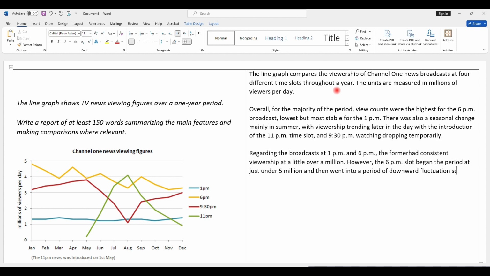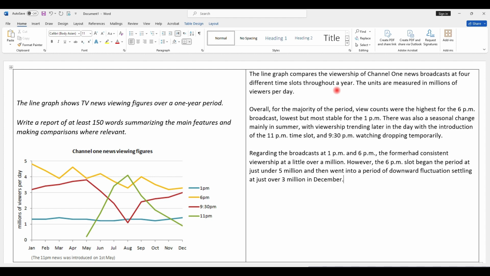Yes, we need that. Settling at just, because the trends go down and stay at a lower level at the end, so we can use the word settle here. Settling at just over 3 million in December. All right. Yes, that's our 2 lines.